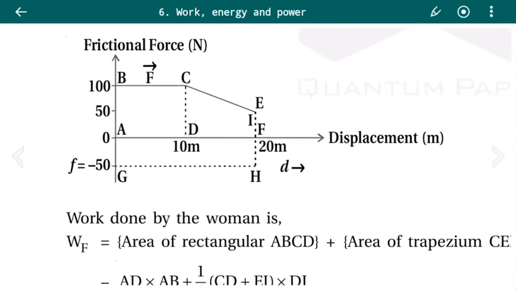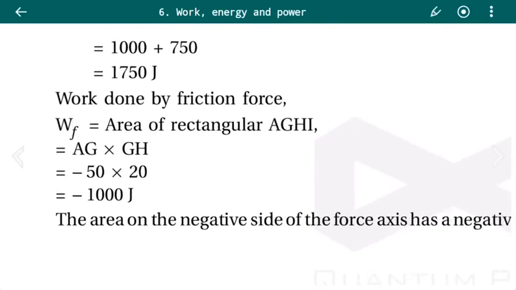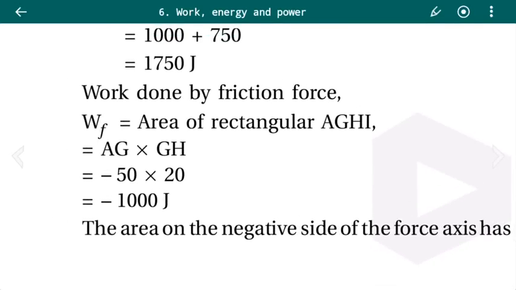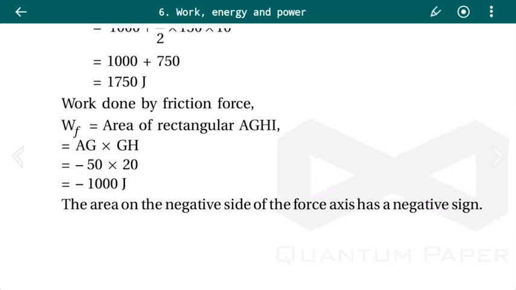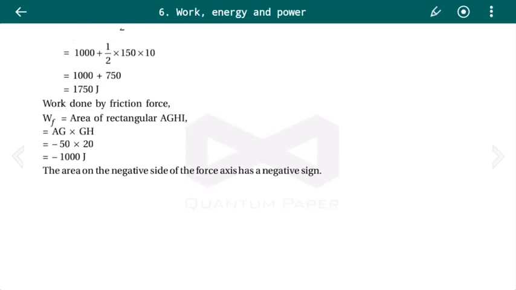So it is nothing but AG into GH. AG, that is minus 50 Newton, into GH, that is the distance 20 meter. So minus 50 into 20, that is minus 1000 joule. So work done by frictional force is minus 1000 joule. The area on the negative side of the force axis has a negative sign.